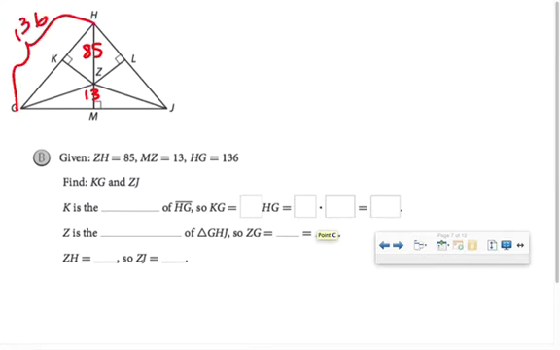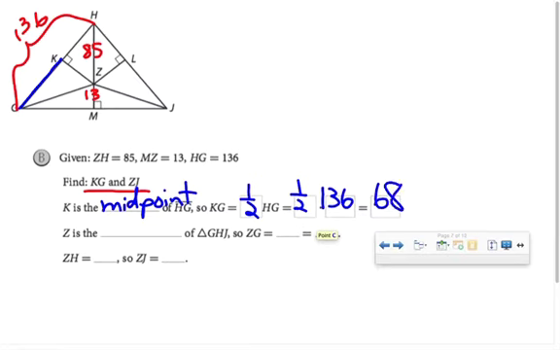We talked earlier about how K is the midpoint of segment HG. So KG will equal half of HG. That's going to be half of 136, which is 68.